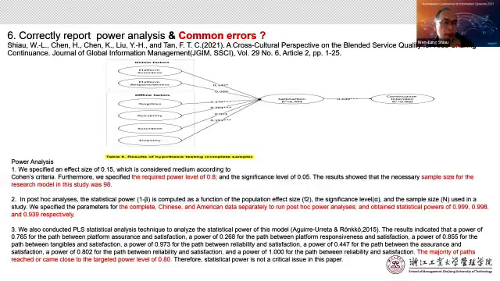So we give examples. Of course, we learn it from Cohen and so on, the books and the papers. In the power analysis, if you specify the effect size, the required power level and the significance level, then you can get the number, which we call the minimum sample size.